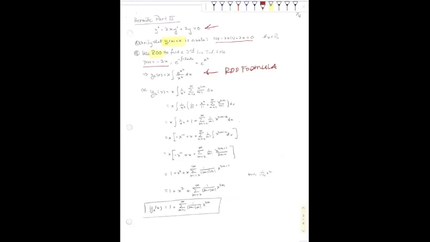I have written it down here. This whole thing is my series expansion, my series representation for e to the x squared. Okay, you should be able to get that at this point in the course.